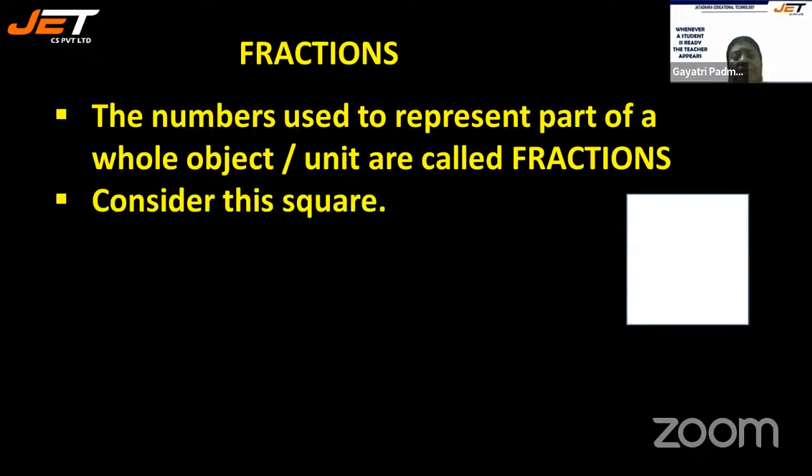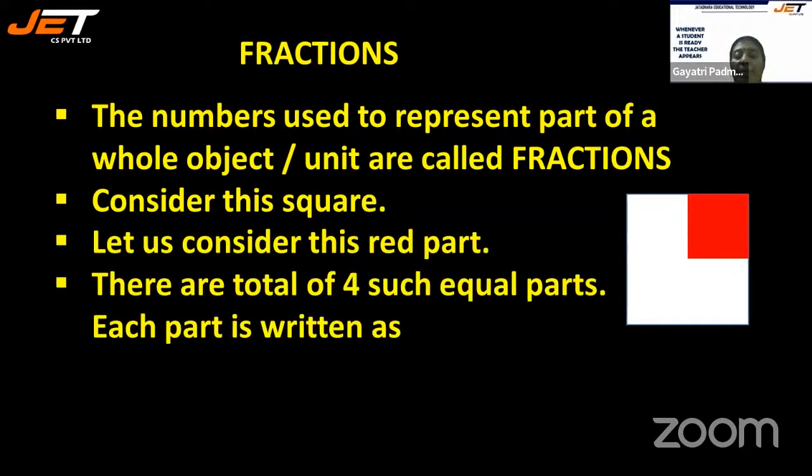Let us explain with an example. Consider this square. In this there are totally 4 equal parts. This is how it has been divided: first part, second part, third part, fourth part.